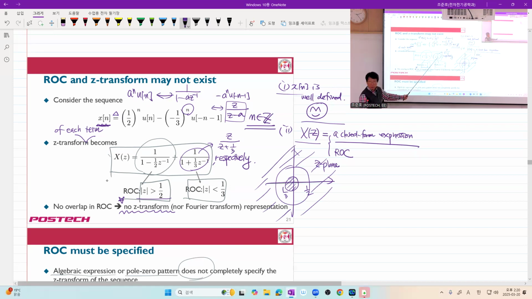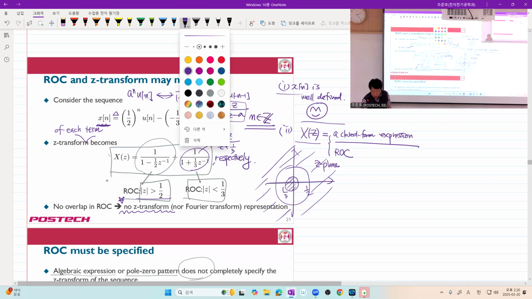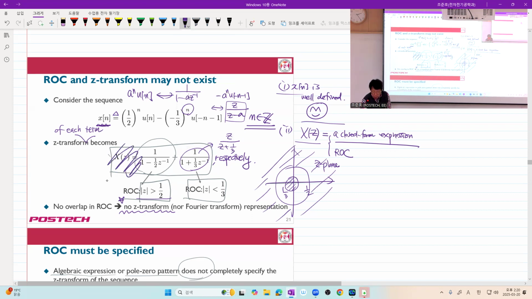The second term does not converge on the set of Z that allows the convergence of the first term, and vice versa. So in order to write the Z transform as the sum of these two, both of them must converge, but only one of them converges. What does that mean? You cannot write it this way. You just cannot write it this way.